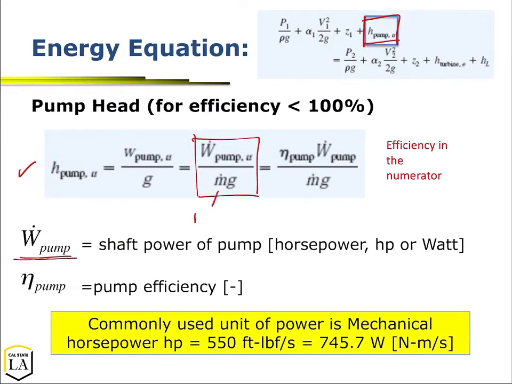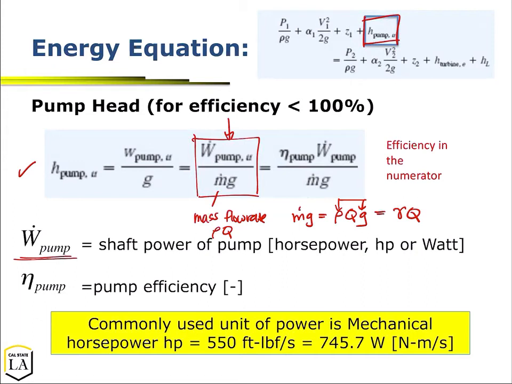M dot is mass flow rate, which is density multiplied by Q, so M dot g is density multiplied by Q multiplied by g, and density multiplied by g is just gamma Q. So that is going to be the head due to the pump. But this equation is essentially assuming that you have a perfect efficiency.